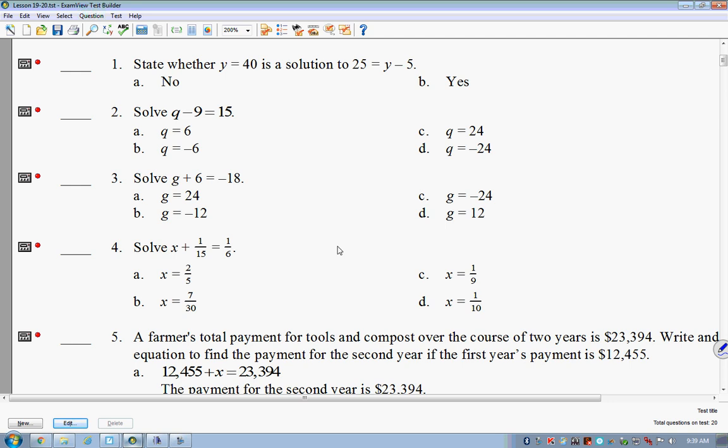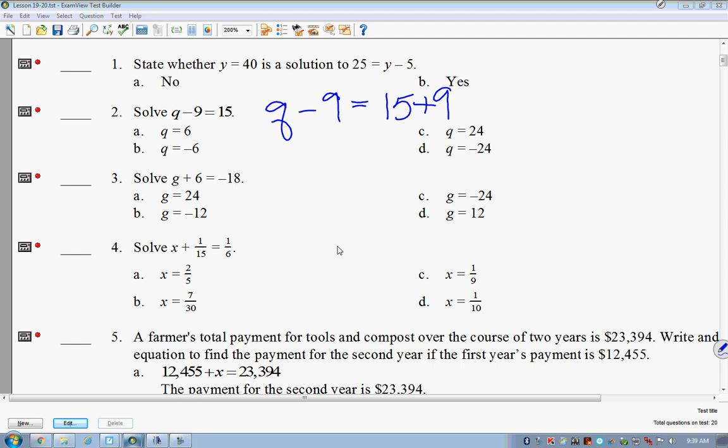All right, let's solve q minus 9 equals 15. What property do I want to use here? Addition property of equality. What am I adding to? Both sides, right? Because if you just tell me I'm adding 9 to 15, basically all you're doing there is 15 plus 9, right?